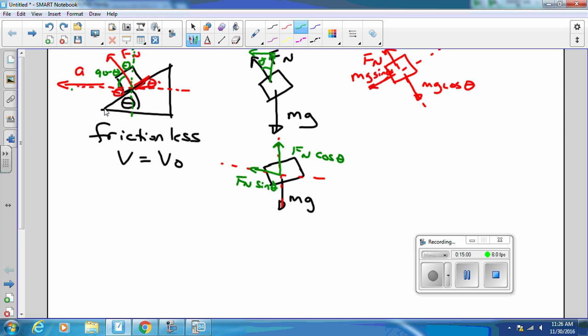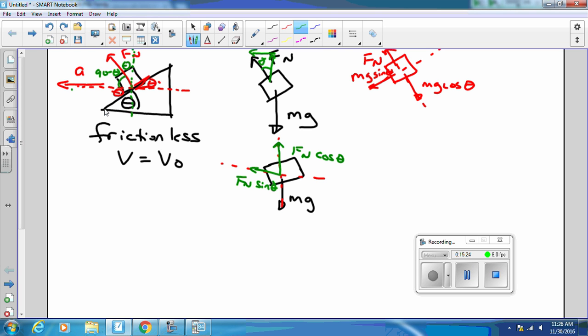Also, you can check yourself really easily. Take the extreme case of theta equals 0. When theta equals 0, Fn should be pointing straight up, so Fn in this direction should be Fn, and Fn in that direction should be 0.